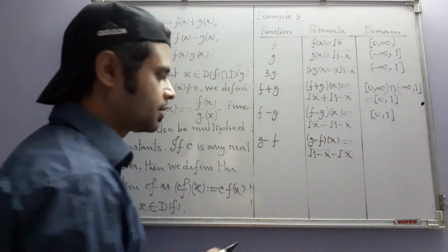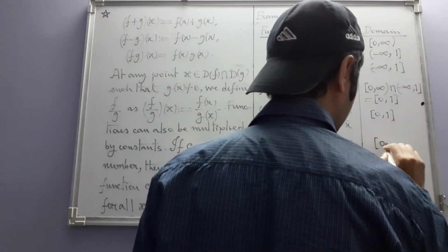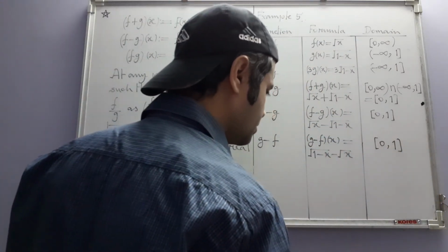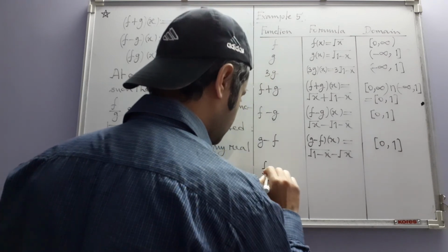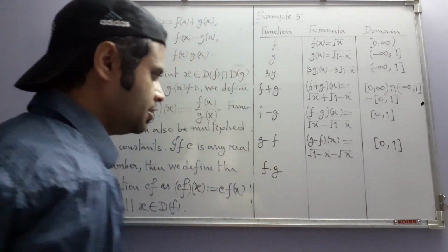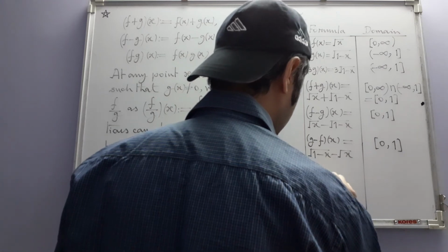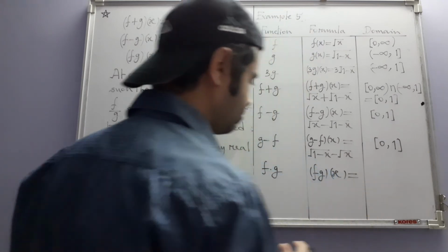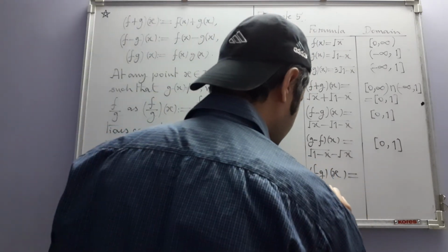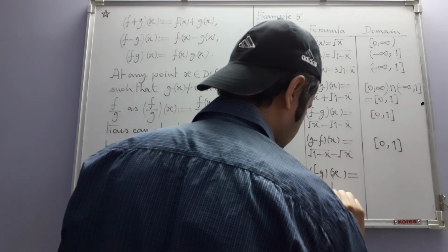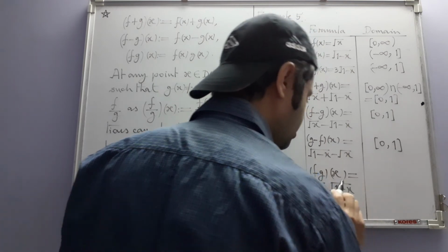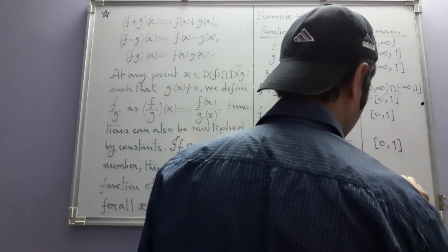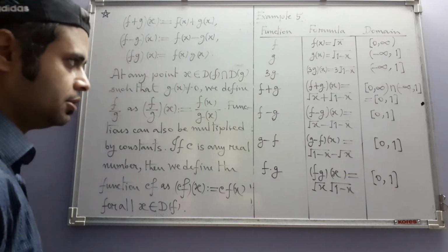This does not affect the domain, it does not change the situation, it still stays 0, 1. Then f dot g means fg. Fg of x is f of x times g of x. Here also we should have the common domain 0, 1 common to both f and g.